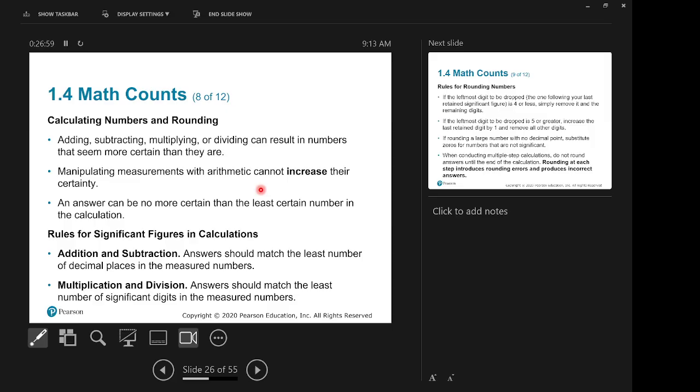Okay? So when you get these numbers that go all the way out to the end of your window or vastly increase the number of decimal places in your calculator, understand that those are not increasing your certainty, right? Okay? And what I'm going to teach you here is how to figure out where that certainty actually is. In this case, we would have one significant figure here. That's our lowest number of significant figures.